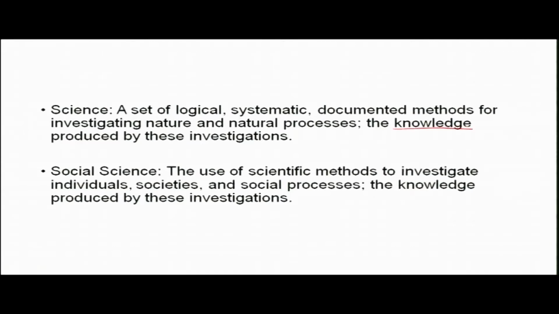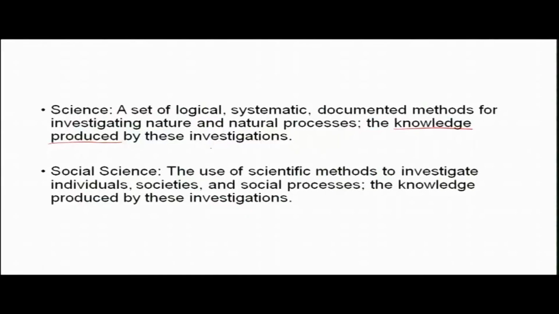You can see that knowledge production is at the center of a scientific inquiry, and we have seen in the previous lectures how the context of knowledge production can be political, can be socially contextualized, and we have studied a few scholars, particularly Foucault, who have talked about knowledge production in society and its implications.